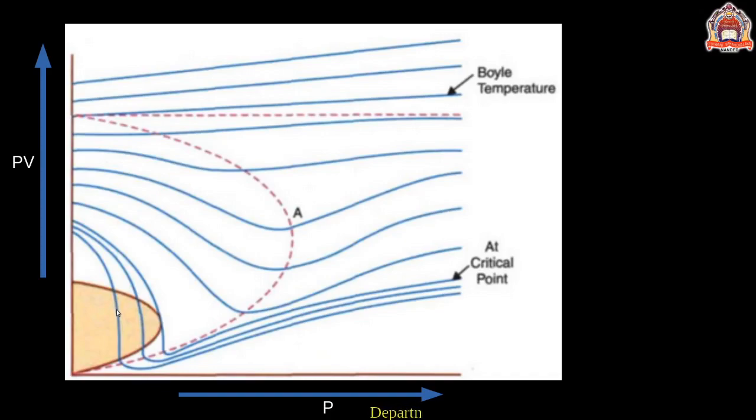So the Boyle's law, PV is equal to RT, is obeyed only under ideal conditions, that is high temperature and low pressure.